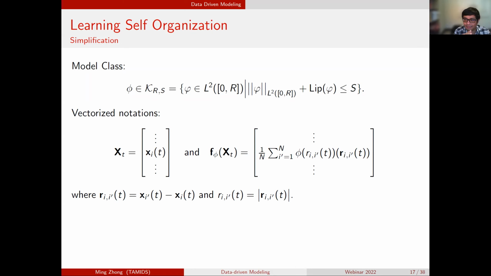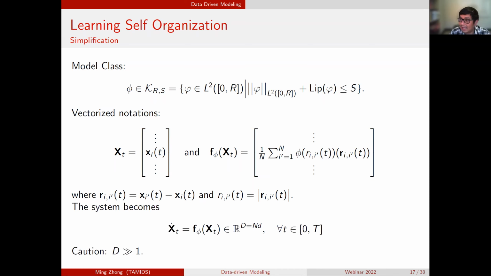All of the states for the whole system go into this big capital S, and all of the right-hand sides, with all of these average sums of interaction laws, go into this capital F. So F depends on the interaction law and also the positions of this system. By writing that, I'm rewriting the system of ODEs as one big equation: x dot is just F, a huge right-hand side, which depends on x.